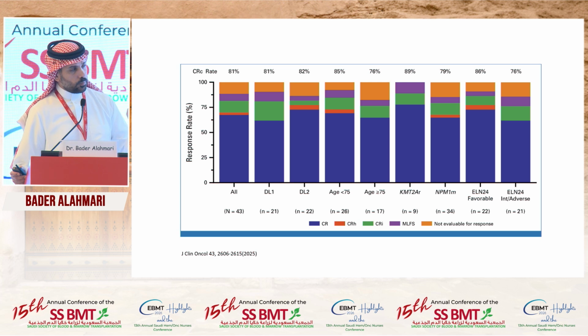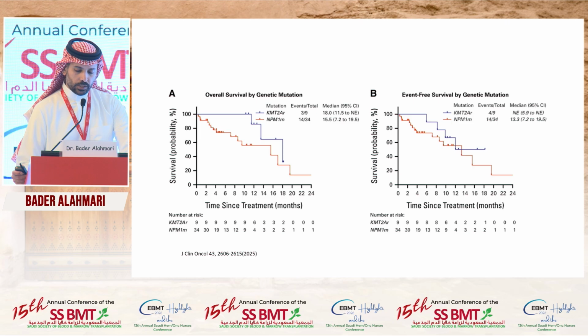And you can see the responses are a little bit higher and of better quality with the KMT2 rearranged rather than NPM1 mutated AML, indicating that the combination might be the future for KMT2 rearranged and NPM1 mutated patients. Median overall survival was 18 months for newly diagnosed KMT2 rearranged leukemia and 15 months in NPM1 mutated patients.